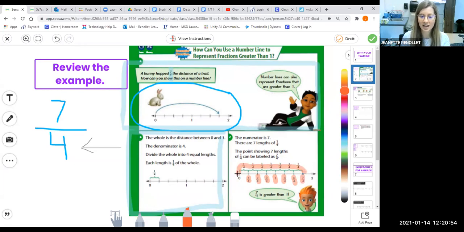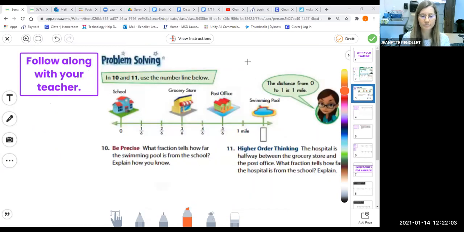Wow, they added together 7 1/4. And they plotted it on the number line. We're going to do this together today. Let's go to slide number 3 and practice together. Slide 3 says follow along with your teacher, so here we go.